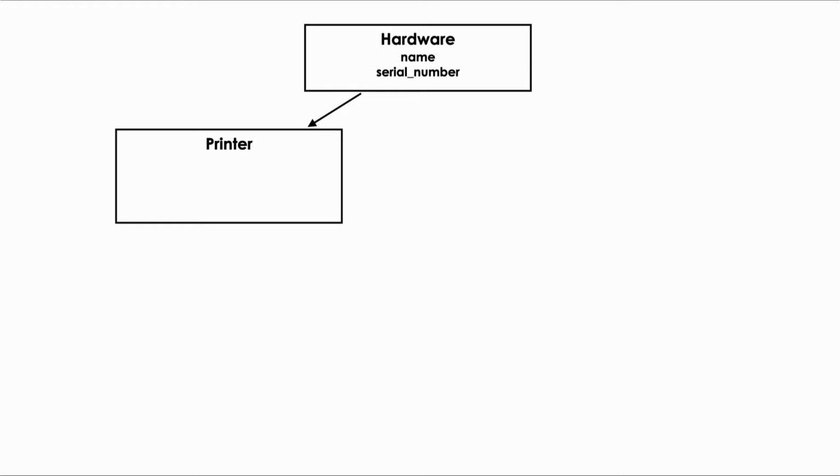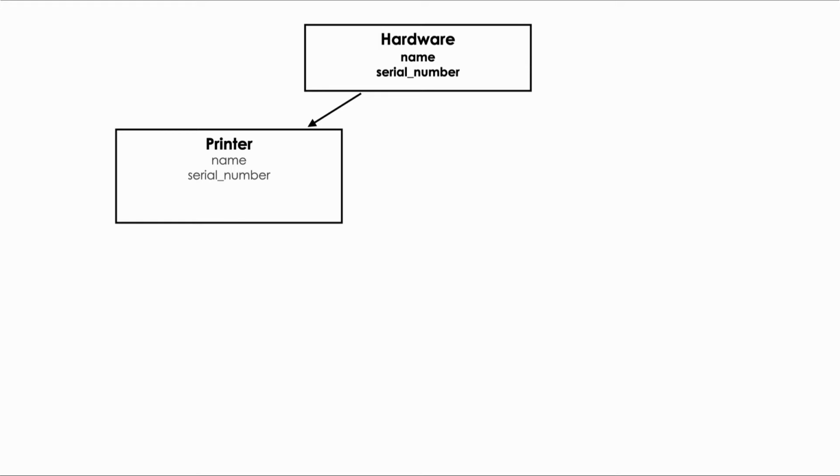So our hardware table becomes the parent and the printer table becomes the child. A printer is just a more specific type of hardware. When we build with an extension like this, the child table automatically inherits all of the attributes of the parent table. So our printer table inherits the name and the serial number fields from its parent, the hardware table.